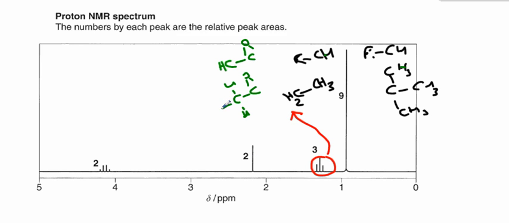So here on this carbon, I can't have any hydrogens there. So it's an area of 2, but with nothing adjacent to it.